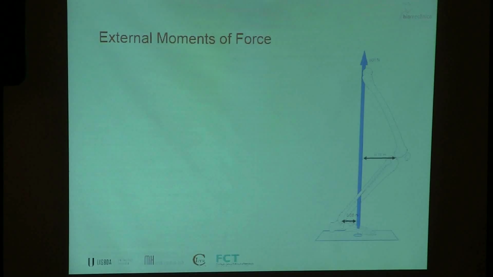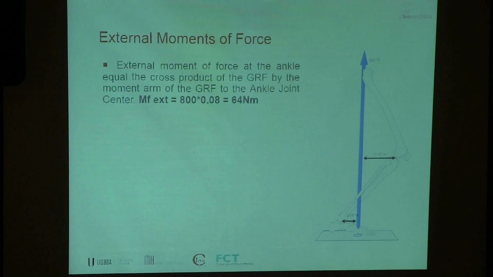Basically, if we consider the effect of the ground reaction force, at one instant in time a force is applied by the ground as a reaction to the body, and it creates a torque, or moment of force, a rotational force around a joint. If we do a simplification, the external moment of force is the ground reaction force vector multiplied by the perpendicular distance to the joint.